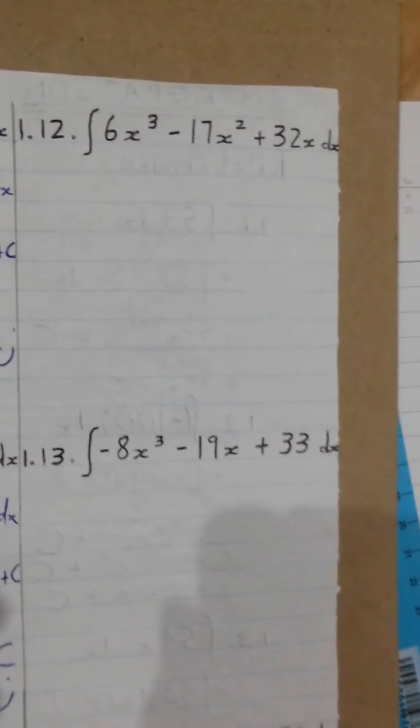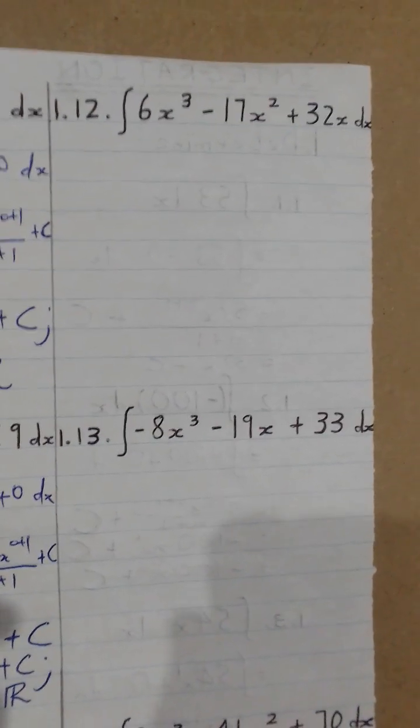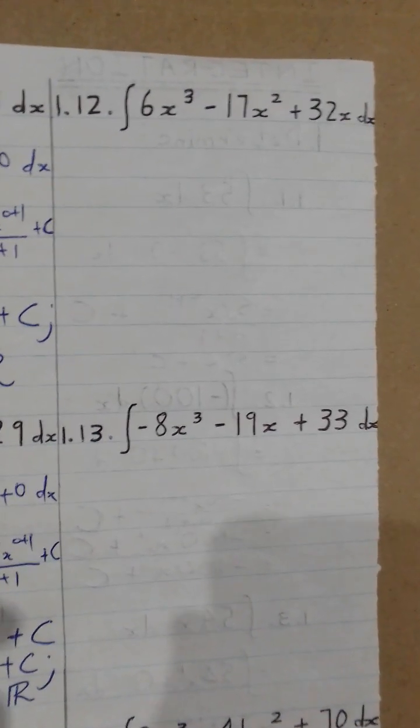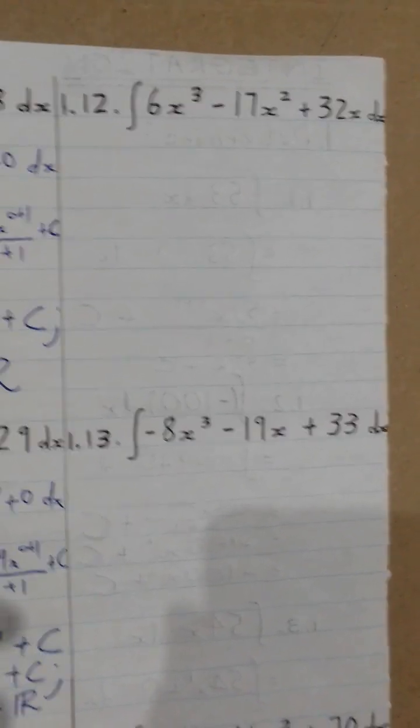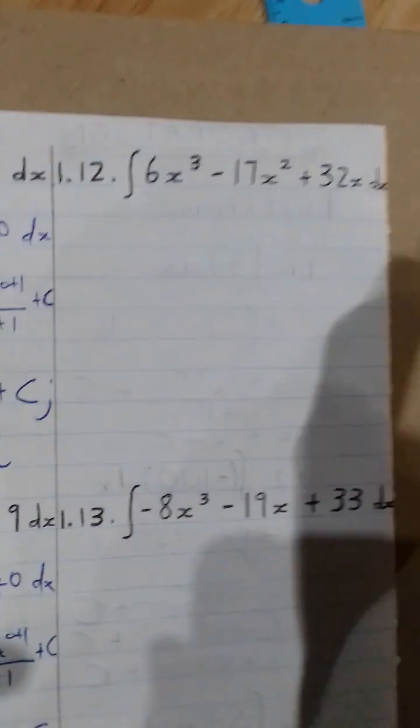Okay, 1.12, the integral of 6x cubed minus 17x squared plus 32x with respect to x. So we're not going to write the 0 and insert the exponents.